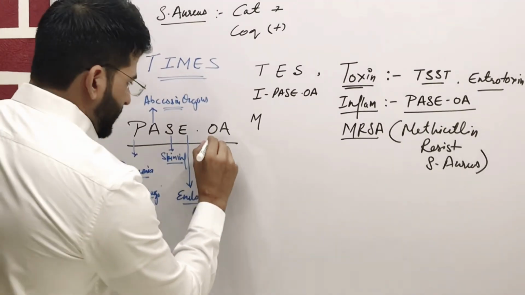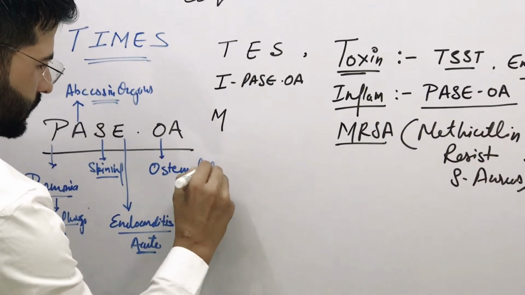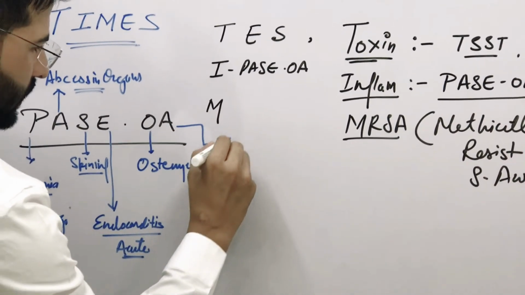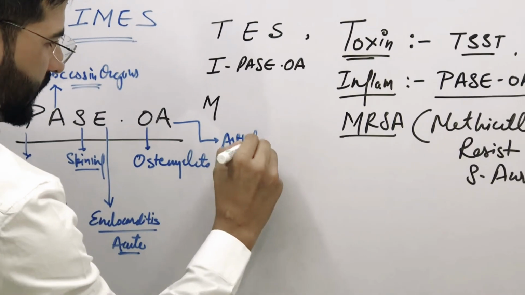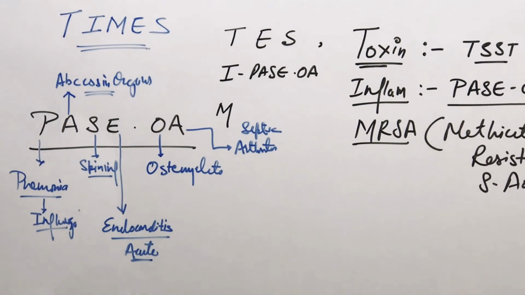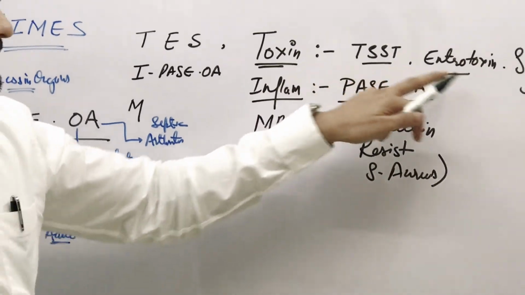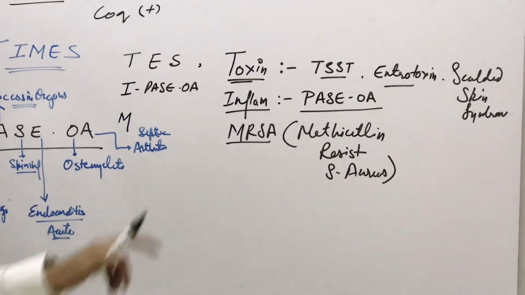O stands for osteomyelitis and A stands for arthritis. Which arthritis? Septic arthritis. So now you know the toxin is producing TSS, that is toxic shock syndrome toxin, enterotoxin and scalded skin syndrome.